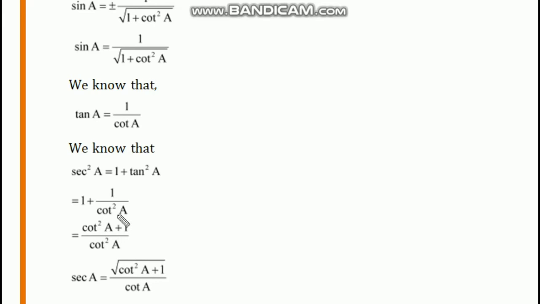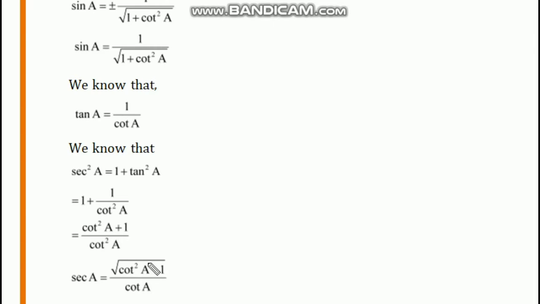And the next, take LCM. LCM is cot square A. So multiply 1 into cot square A: cot square A plus 1 divided by cot square A. And the next, the square transposes to the right hand side. So we will get secant A equals square root of cot square A plus 1 divided by cot square A. Okay, so the square and square root will be cancelled in the denominator.